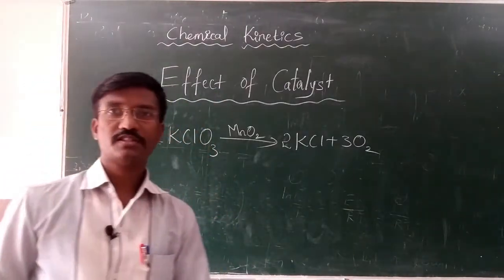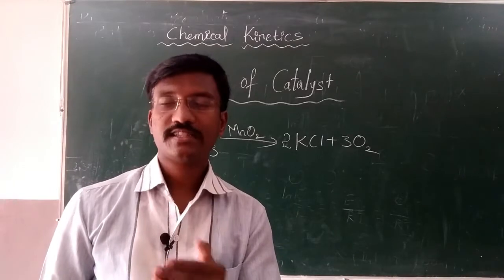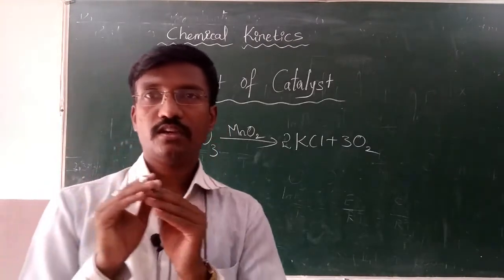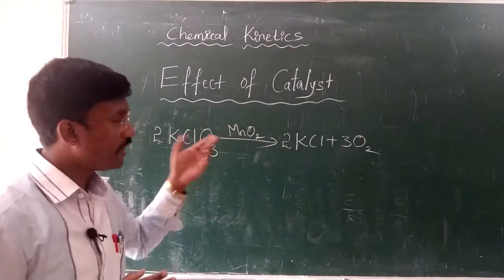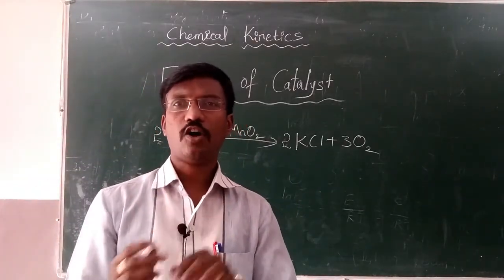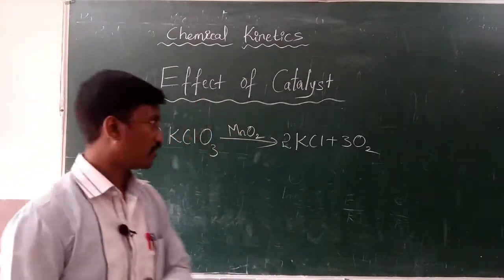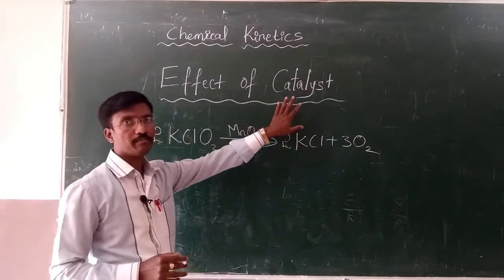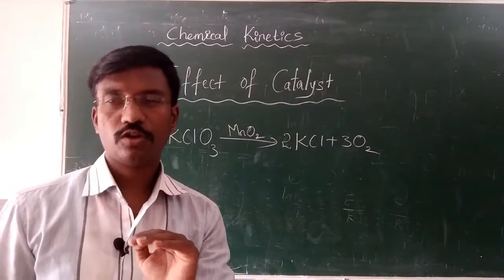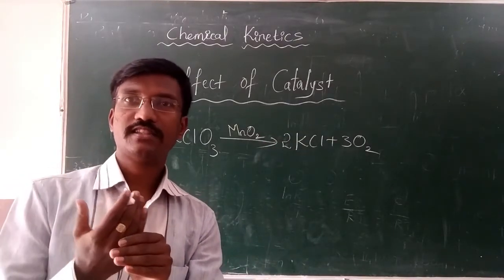A catalyst is a substance which alters the rate of reaction without being consumed itself, meaning the catalyst does not participate in the product, but only changes the rate of reaction. We use a catalyst only to increase the rate of reaction, not to decrease it. Therefore generally we say it alters the rate of reaction.